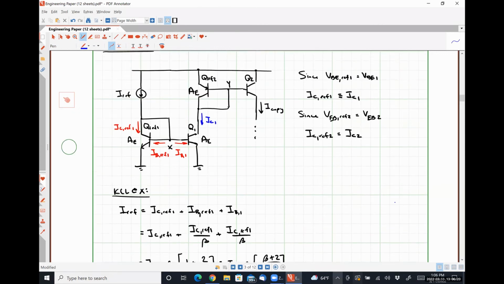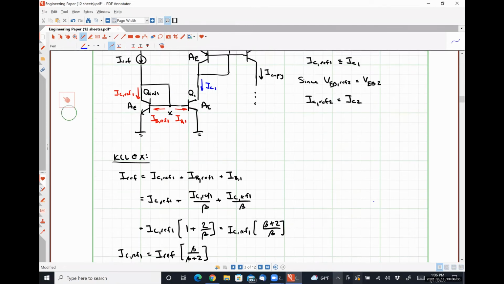And we know that IC1 is exactly equal to IC ref 1 because our base emitter voltages are the same. So we've effectively well established what the bias current is for our PNP portion, and effectively we just do the exact same math.